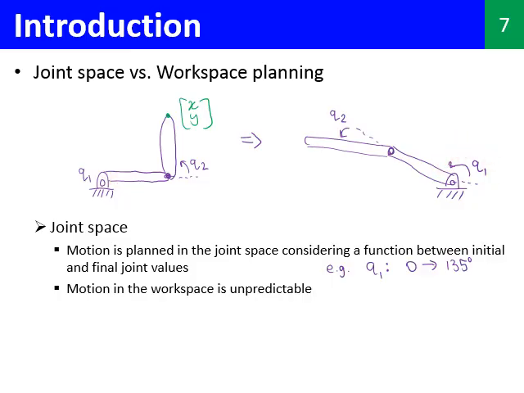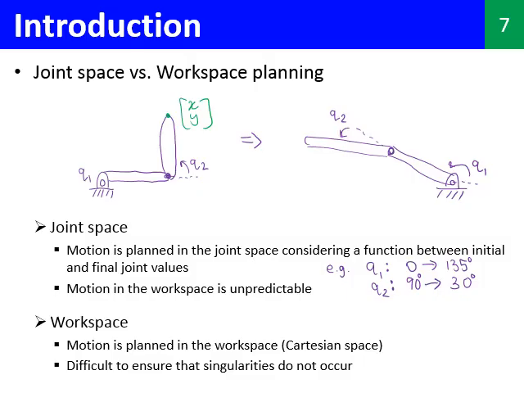And for Q2, the initial angle, let's say it's 90 degrees and final angle is 30 degrees. So here Q2 is 90 at the beginning and here it's 30, right?